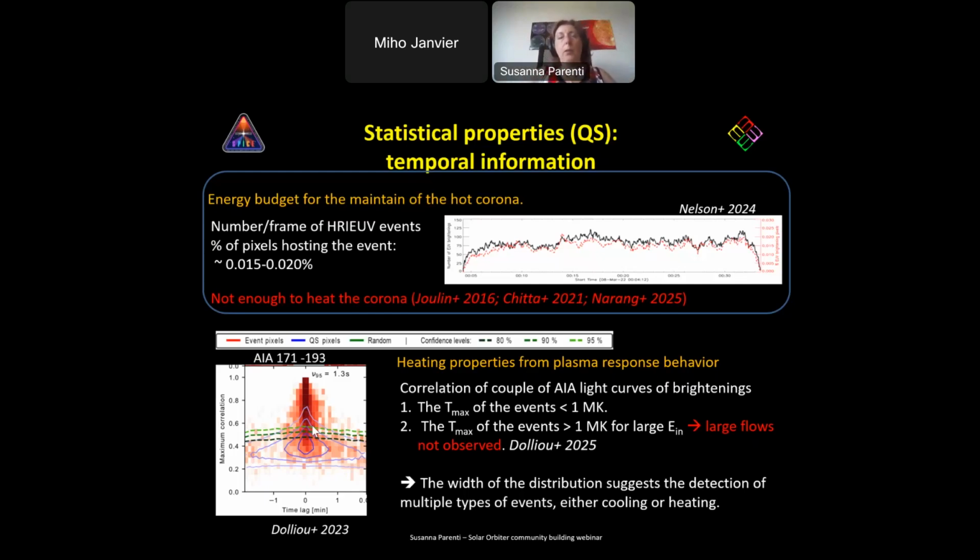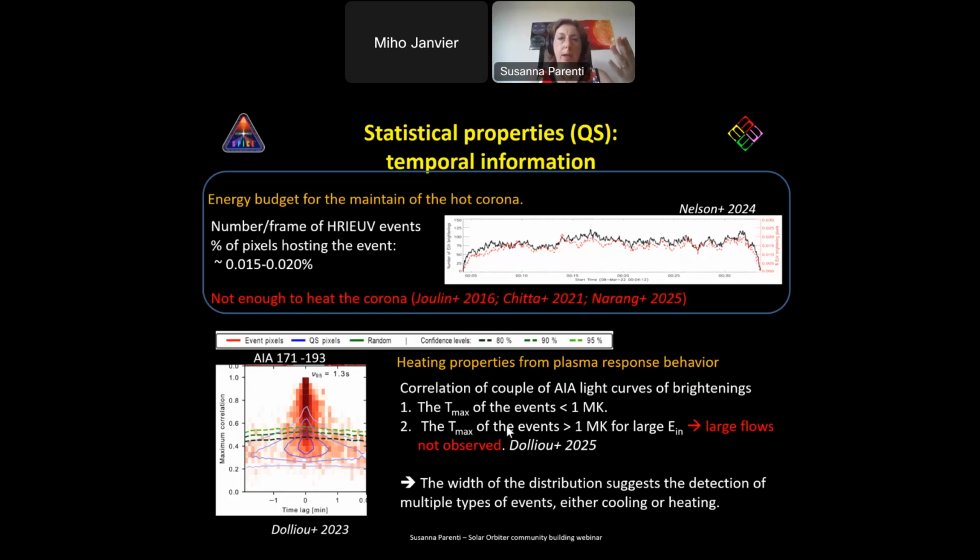So we are really at the limit of the resolution of AIA, with a bin of 12 seconds. He also did simulation work to simulate a tiny loop that is heated impulsively and looked at the behavior of the light curve. And what he showed is that this kind of behavior that we have here comes from events that do not reach coronal temperature, so they are transition region events.